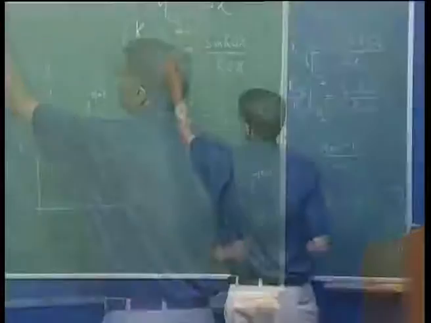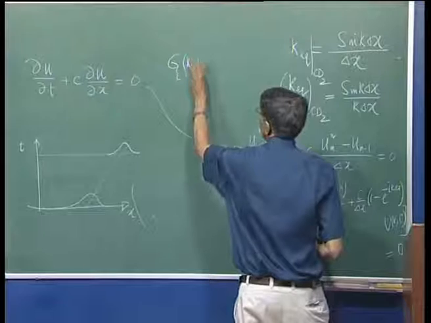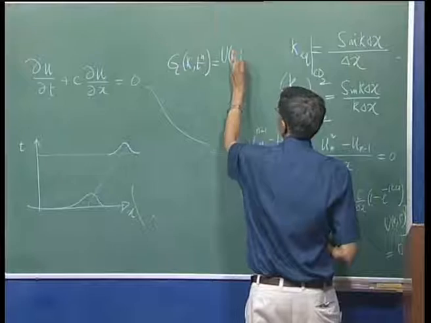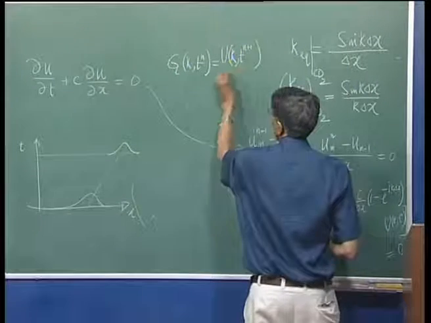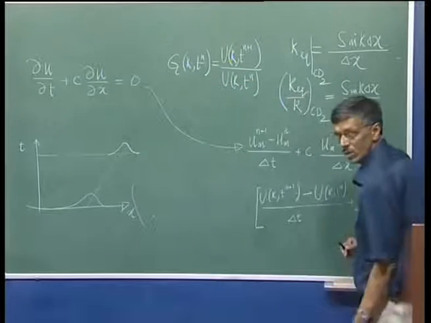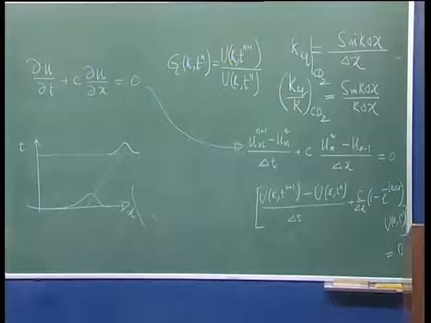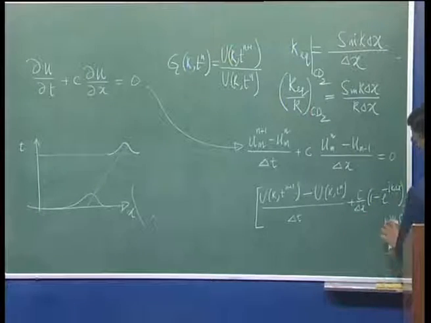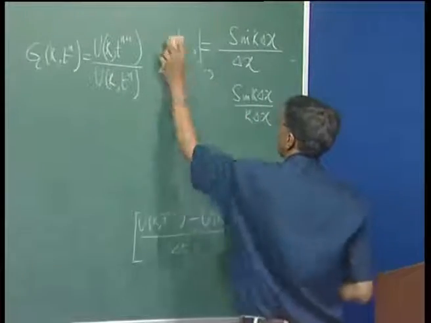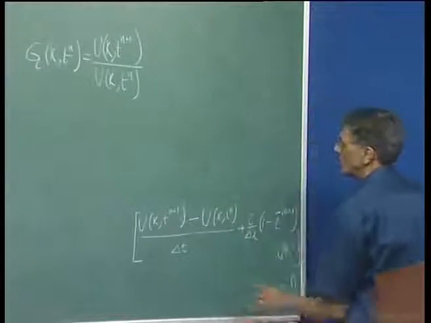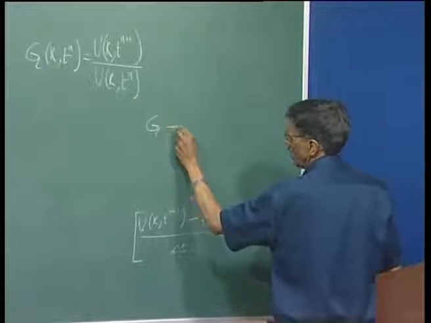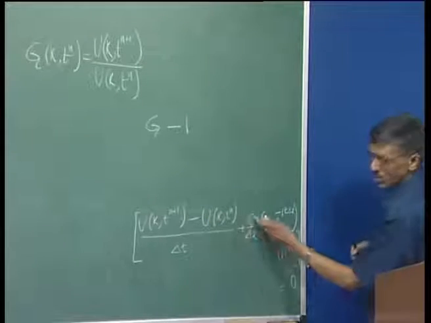Remember, g of k, t n is nothing but u of k, t n plus 1 by u of k, t n. So if I divide this equation by u of k, t n, then what we are going to get is g minus 1.